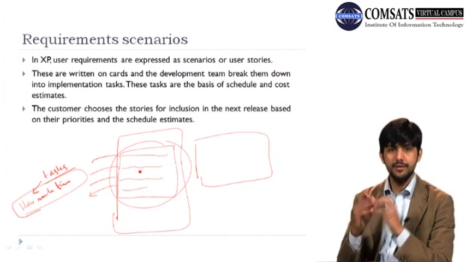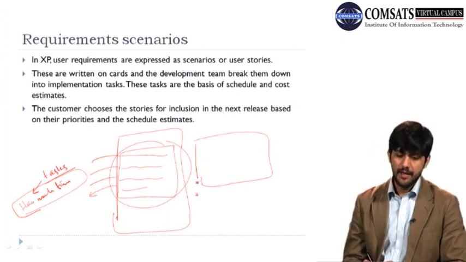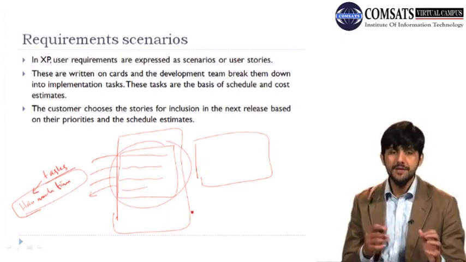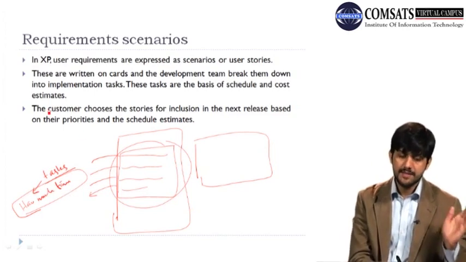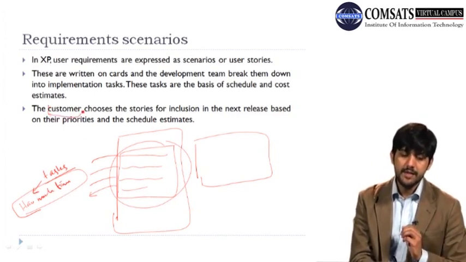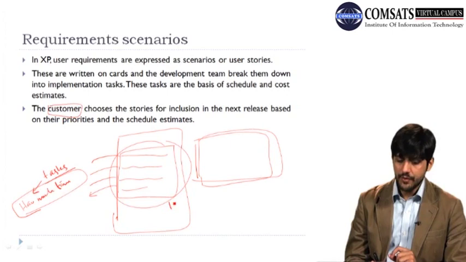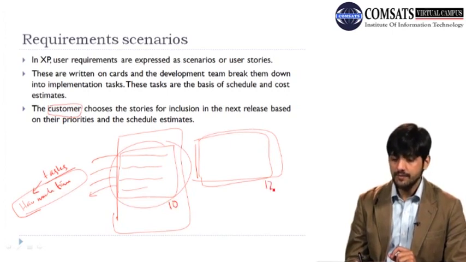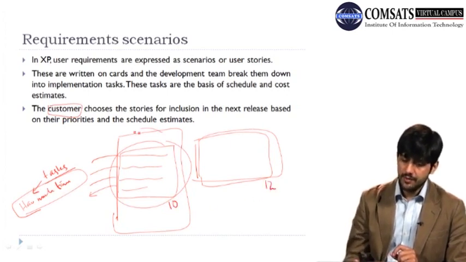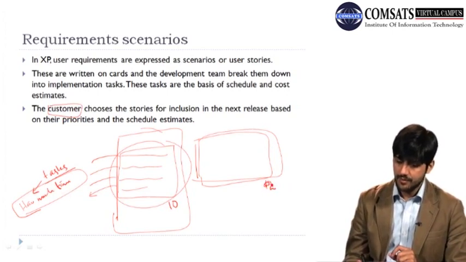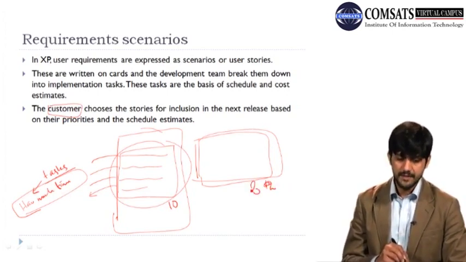So you follow elicitation, you gather different user stories, and now you have to decide which one to build first. Remember, as we discussed in our previous slide, the customer role is important in prioritization. So let's say you have these two user stories, and you have decided that this one is going to take 10 days and this one is going to take 8 days, for the sake of simplicity.